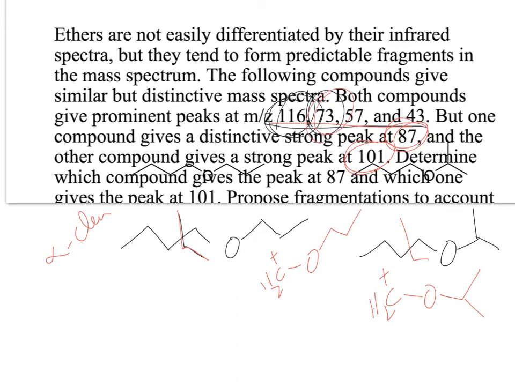Okay, if you lost the alpha cleavage on the other side, so if you lost it here and you lost it here, you would see that this one is 87, but this one has an extra methyl group and it would be 101.